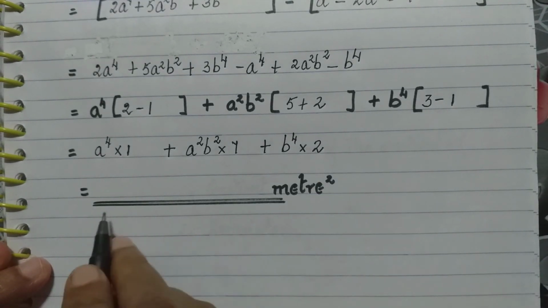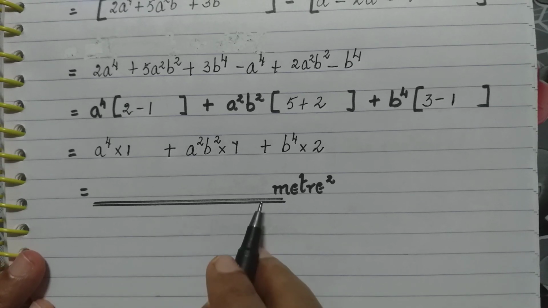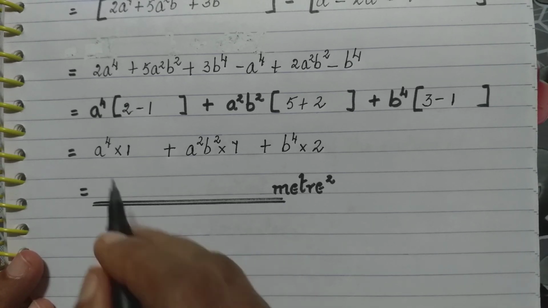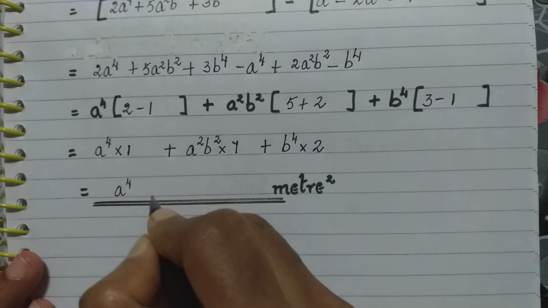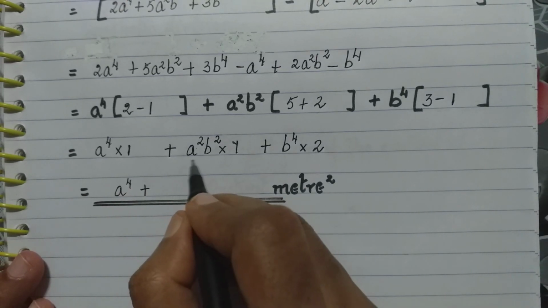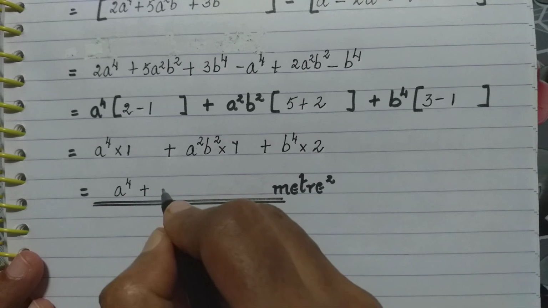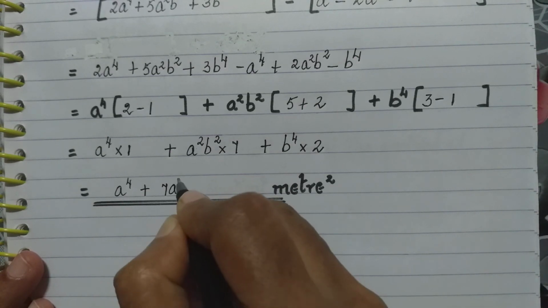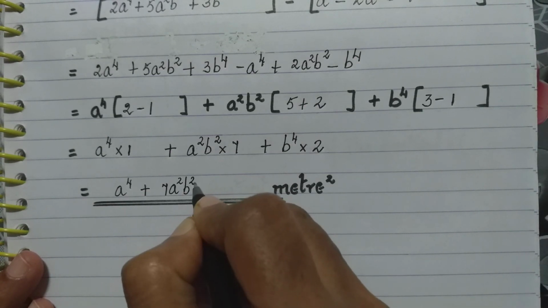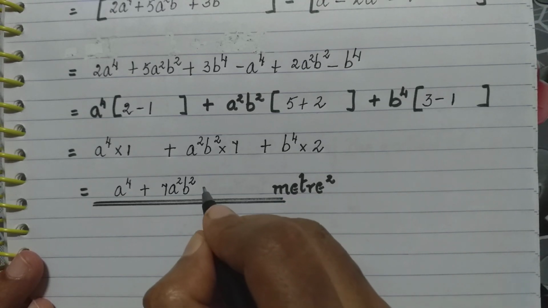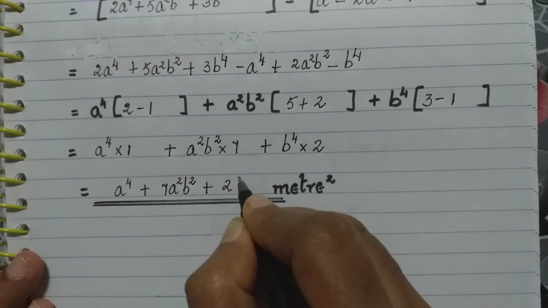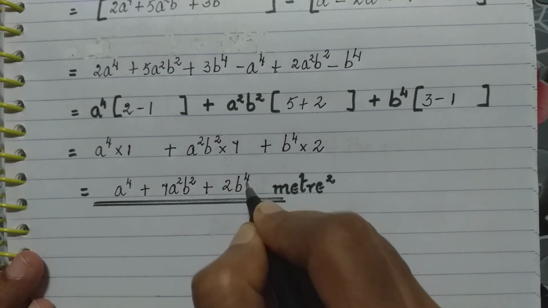So now I can write the final answer for the area of the remaining part of the farm. A raised to 4 into 1 is a raised to 4, plus a square b square into 7 is 7a square b square, plus b raised to 4 into 2 is 2b raised to 4.